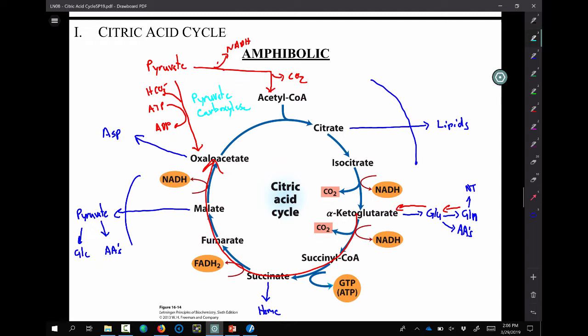Okay, in fact, pyruvate carboxylase, if you remember, is the first step in gluconeogenesis, but there are lots of cells outside of gluconeogenic organs, the liver and the kidney are your primary gluconeogenic organs, that express pyruvate carboxylase.